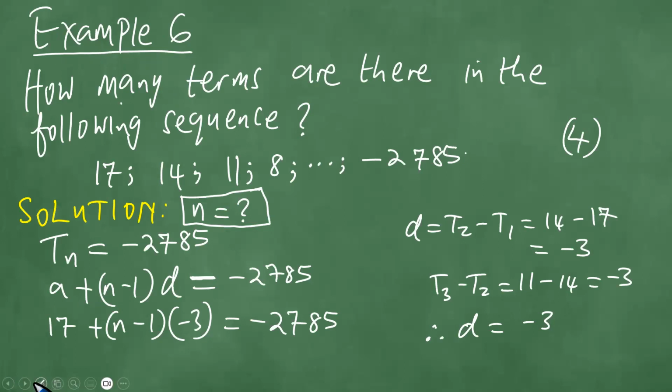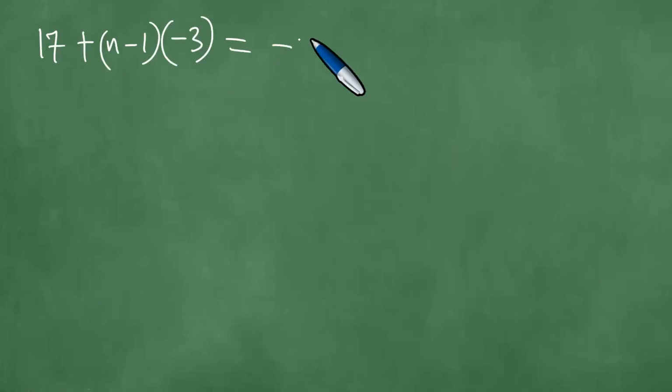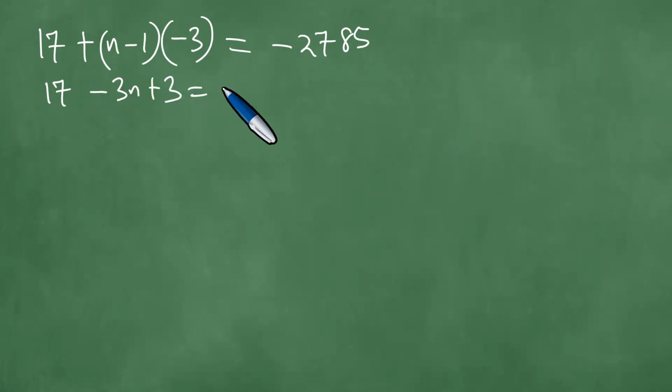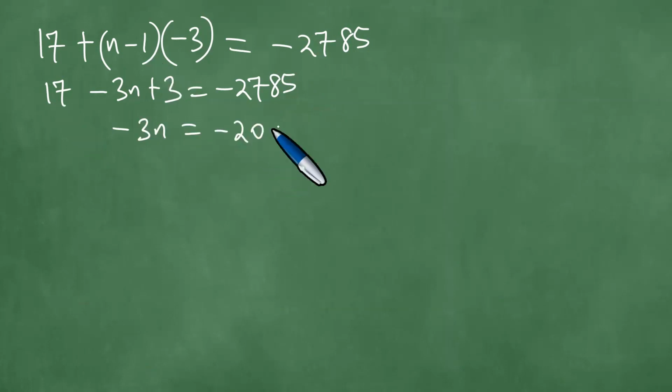Okay, we need to solve for n here, so we need to distribute. Minus 3 by n is minus 3n plus 3 equals minus 2785. So 17 plus 3 is 20, but when you move it across, it becomes minus 20.